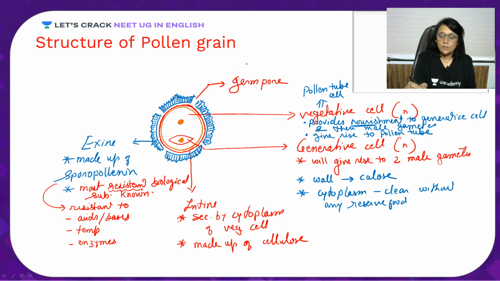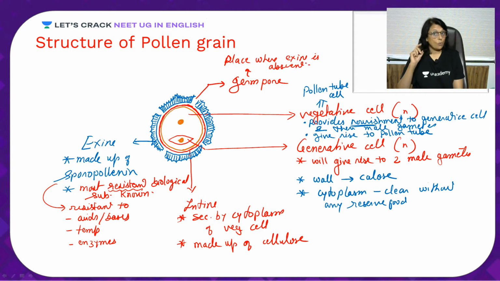Now what exactly is this germ pore? It is the place where exine is absent. There is no exine. Intine is there. But because it is a weak spot, the pollen tube can emerge from here. And these are very tiny openings. It's not like a very big opening, but this is a two-celled pollen grain.